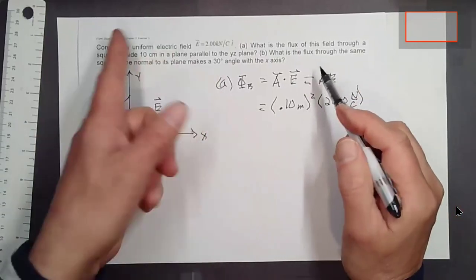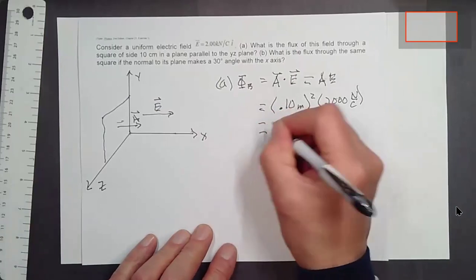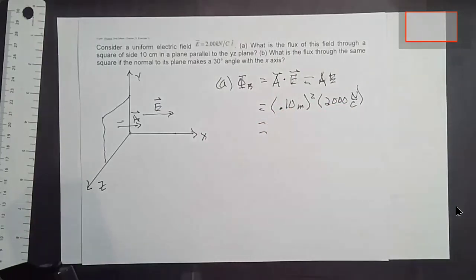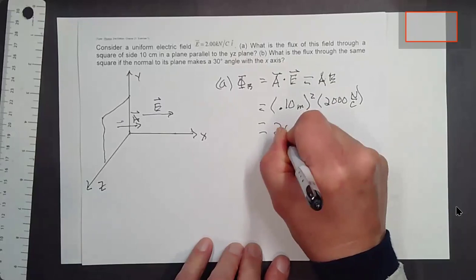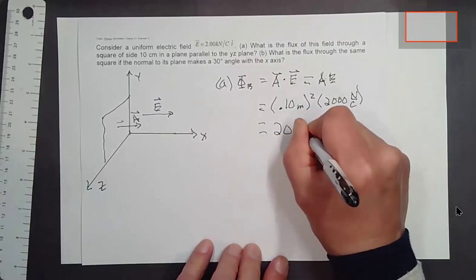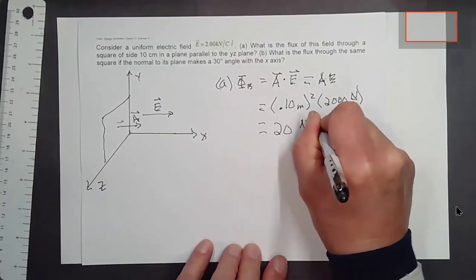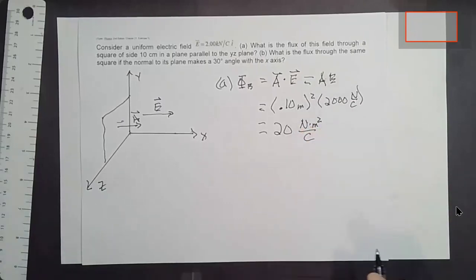Since we only have one sig fig on those other things, I'll follow the rules this time. And I get 20. So 20 Newton meters squared per coulomb.